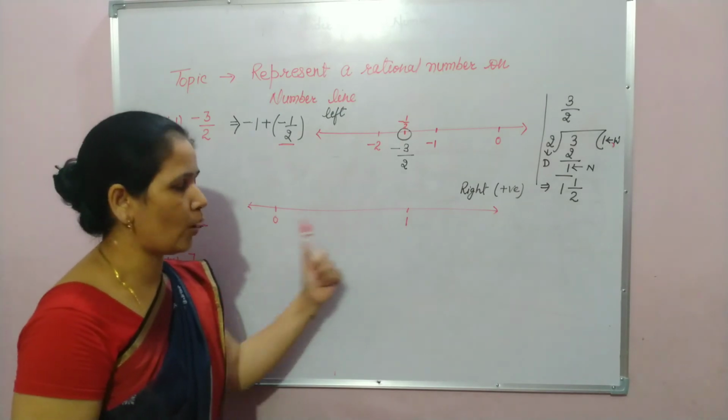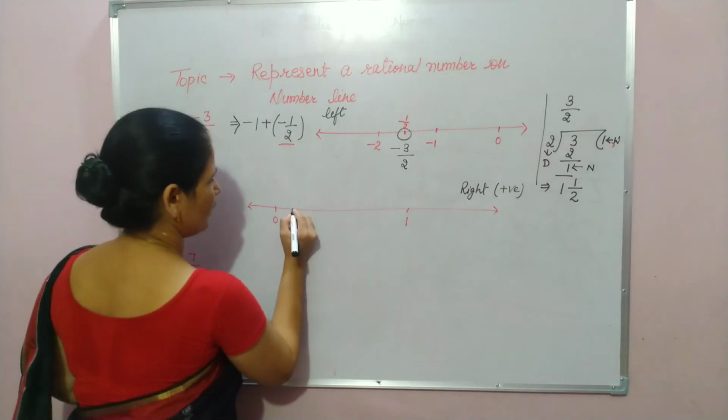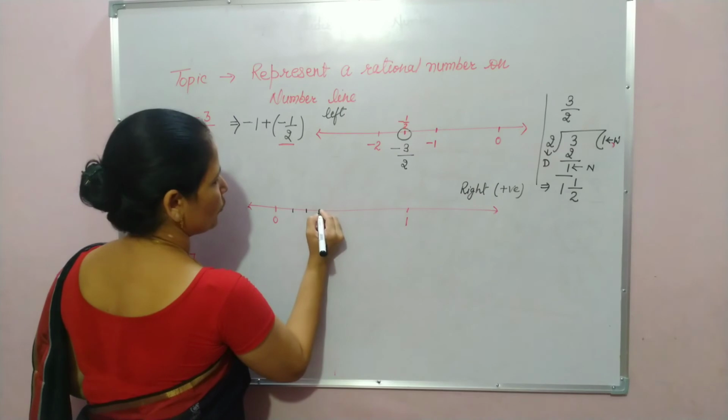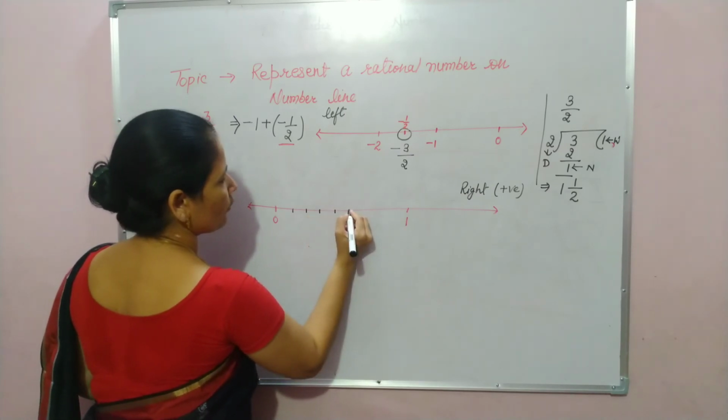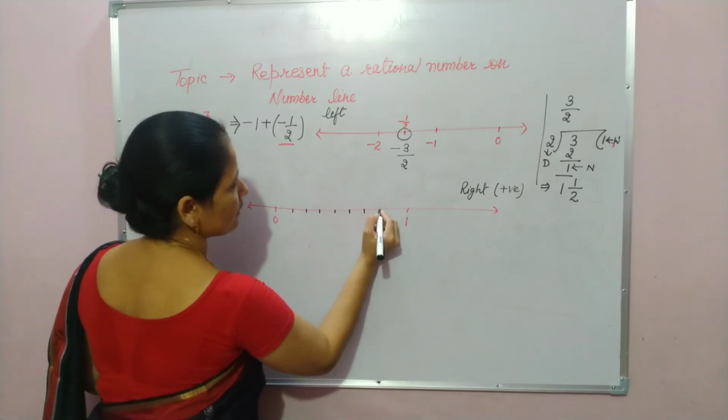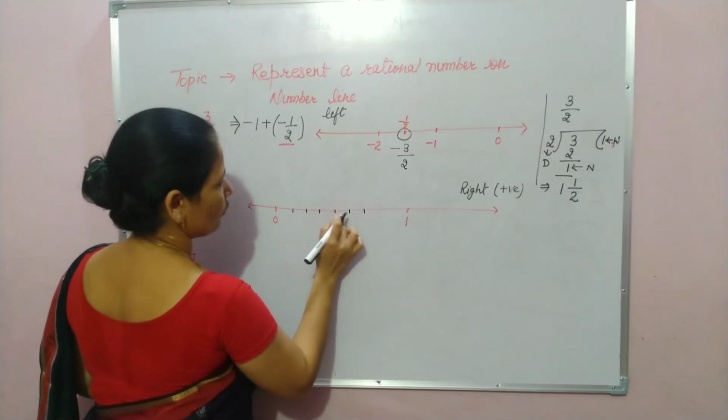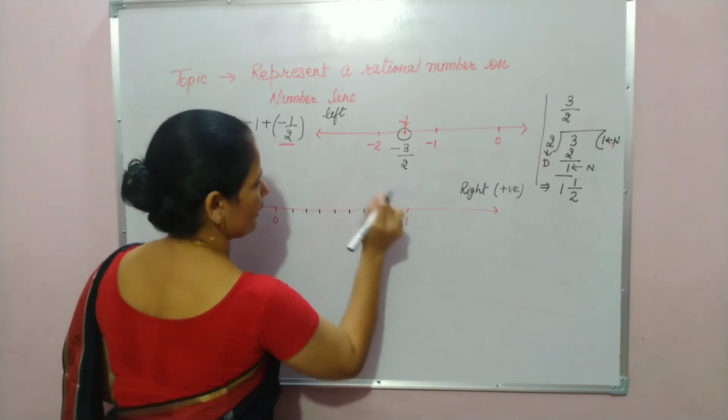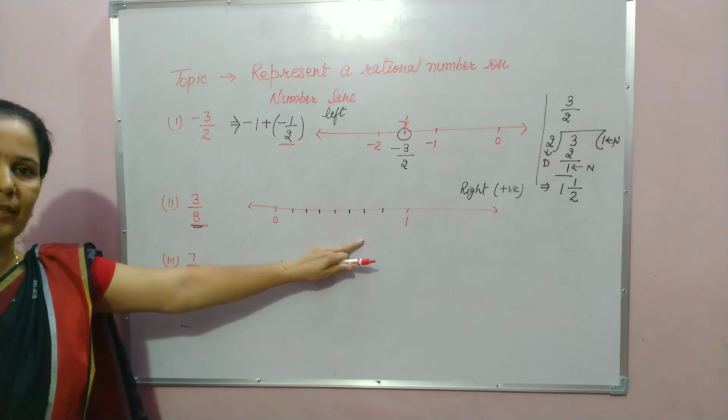Now let's divide: 1, 2, 3, 4, 5, 6, 7 and 8. Now students, we have divided it into 8 equal parts.